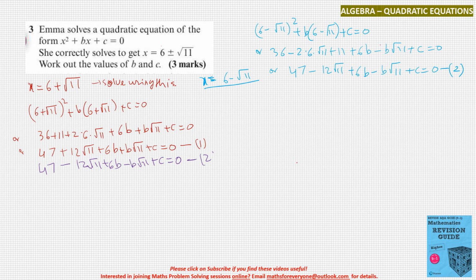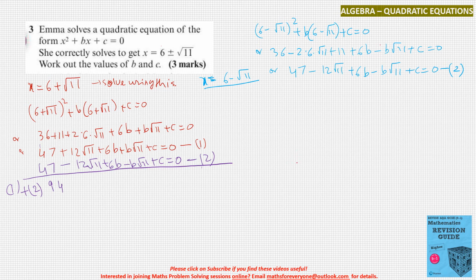This is 2. I'm just writing the same one here, so you can see what's going on. So what is going on is if I just add 1 plus 2, what will I get? 47 plus 47, 7 and 7, 14, 4 and 1, 4 and 4, 8 and 1, 9, 94.